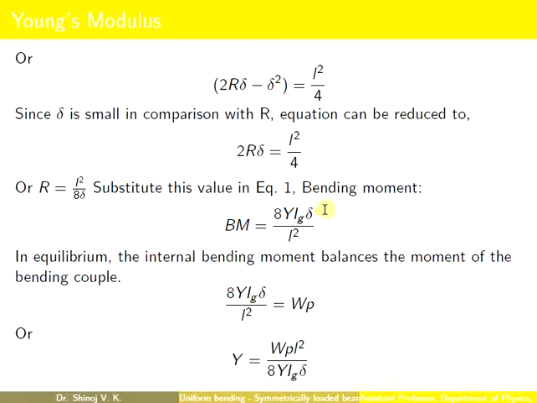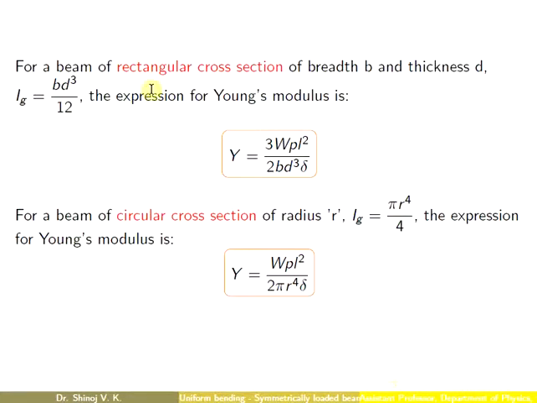So that is 8 Y Ig delta by L squared equal to W into P, where we define W into P as the moment of bending couple. So from this we can get the expression for Young's modulus, that is Y is equal to W P L squared divided by 8 Ig into delta.